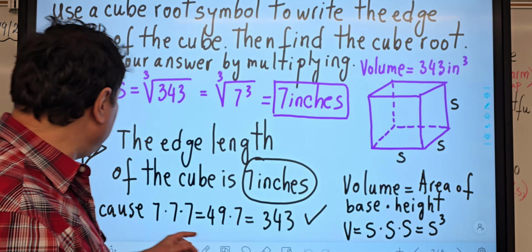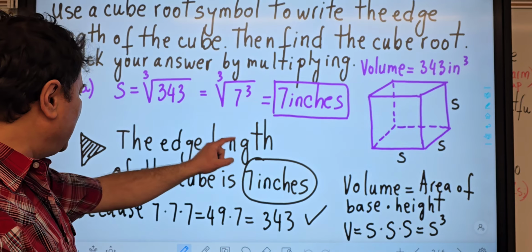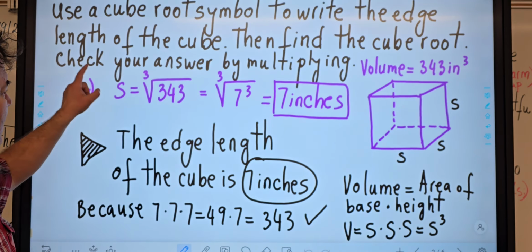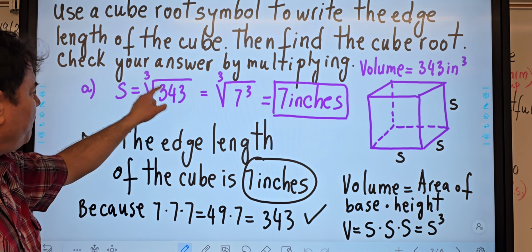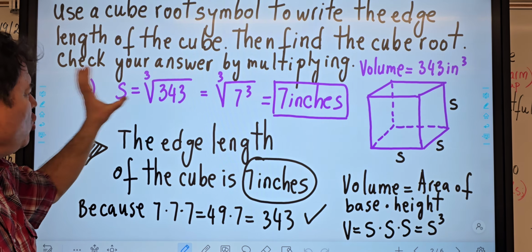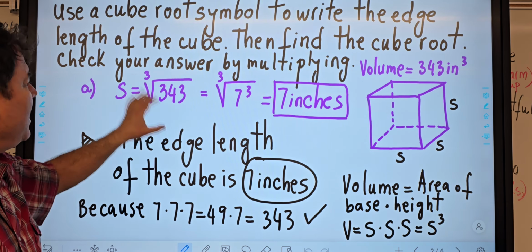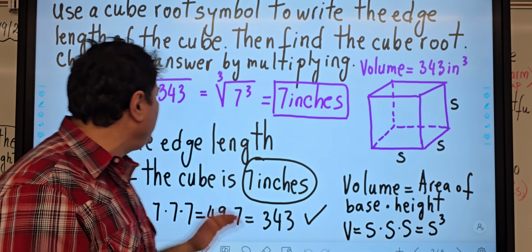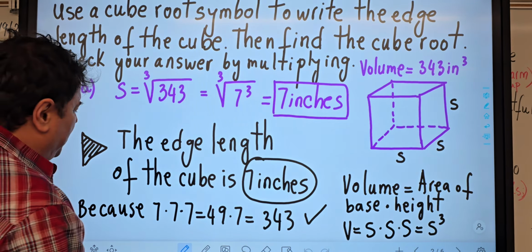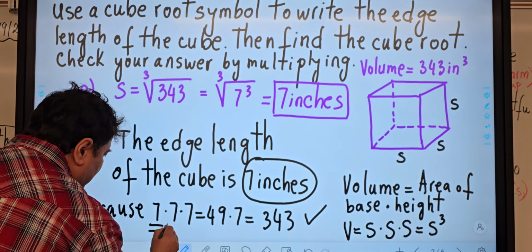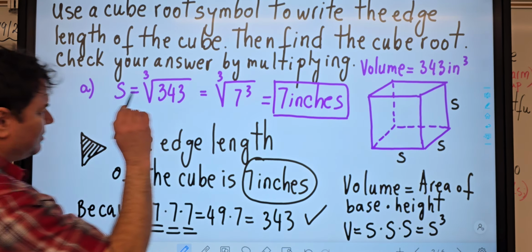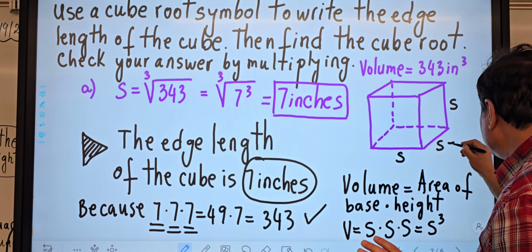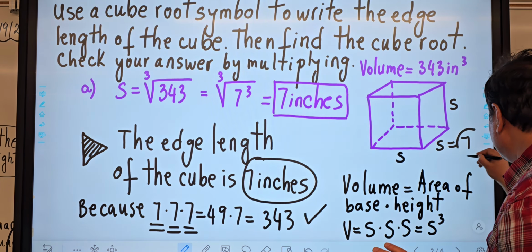Okay, so in this case we have the edge of the cube is actually 7 inches, because cube root of 343 equals cube root of 7 to the third power, because 343 can be written as 7 times 7 and times 7, right? So one side in this case is going to be 7.